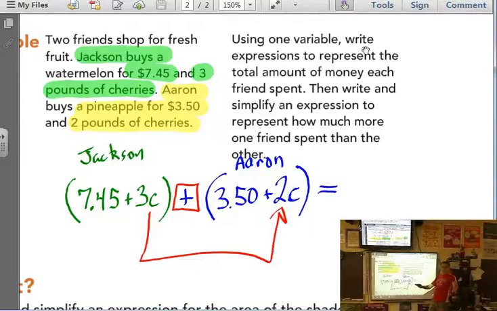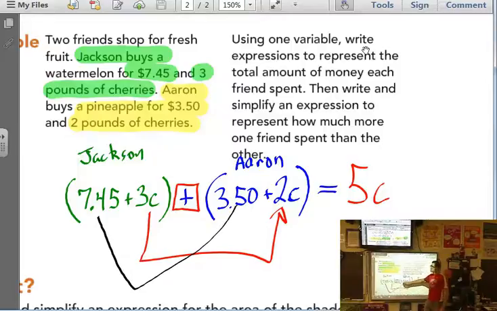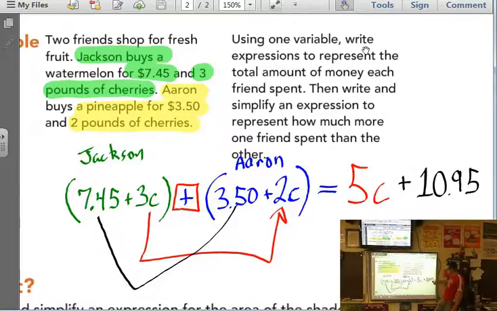So if I do pounds of cherries, what do I get? 5C. And if I do the cash that they spend, 290. Oh yeah, you're right. So then, once we know what the pound of cherries costs, we can figure out their total price.